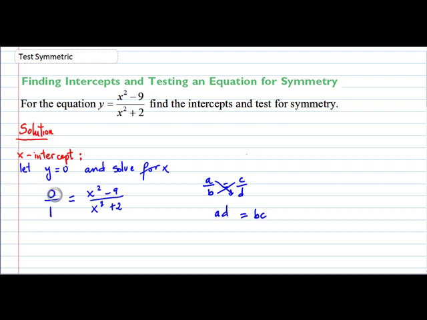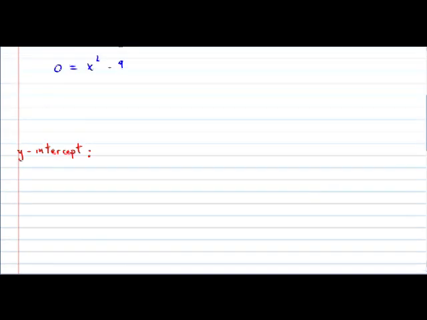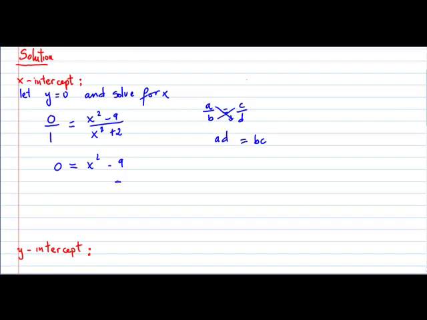So now I take 0 times this bottom here, which is 0, and then this top here times 1 itself. Now to solve for x is easy. You can either factor or you can just use the square root method. Add 9 to both sides. I have x squared equal to 9, take a square root.